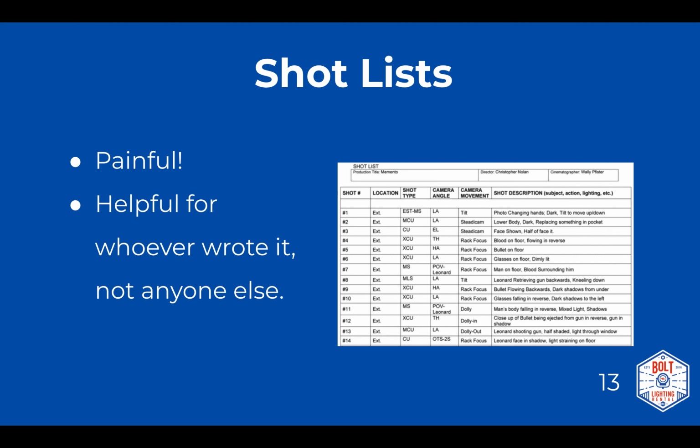As a DP, I can read this and think, okay, Leonard shooting the gun, I know how I would shoot that, and that's mostly because I work as a DP, so I'm thinking visually. But then you hand it to a key grip or somebody who is not usually in that space, and they're a little bit more confused about what exactly is happening.